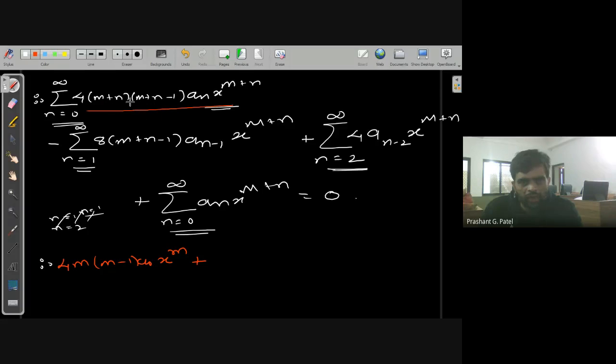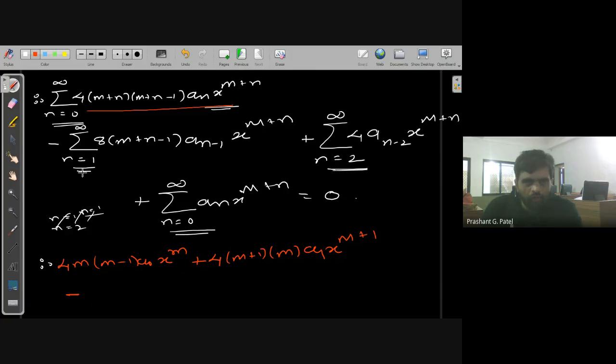For n equal to 1, what is the term we'll have? 4 into m plus 1 into m a1 x raised to m plus 1 we can have here. So now the rest of the terms will start with summation n running from 2 to infinity. Okay, so that I will write down later on.